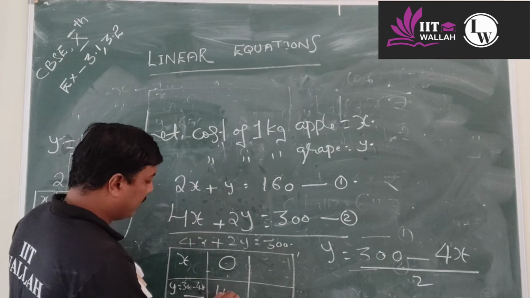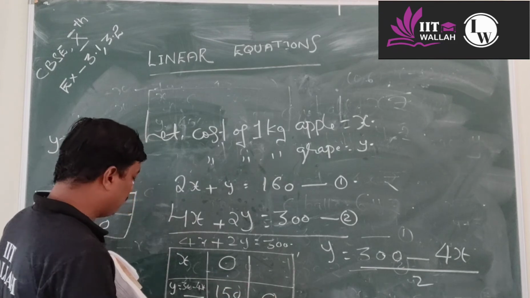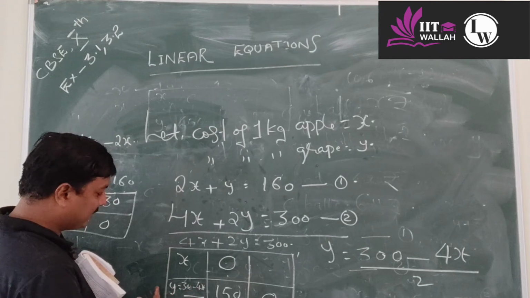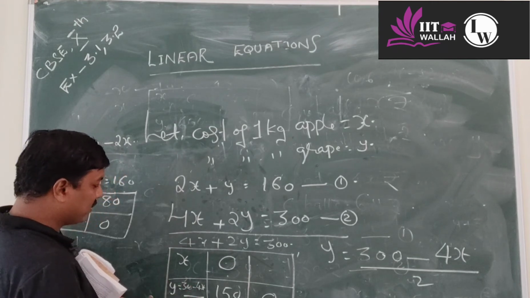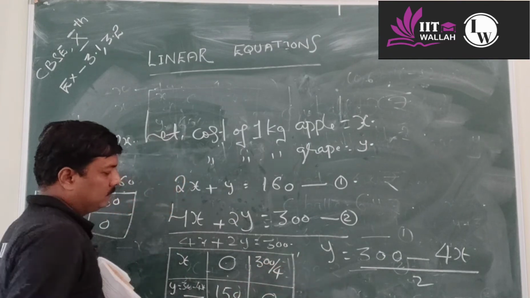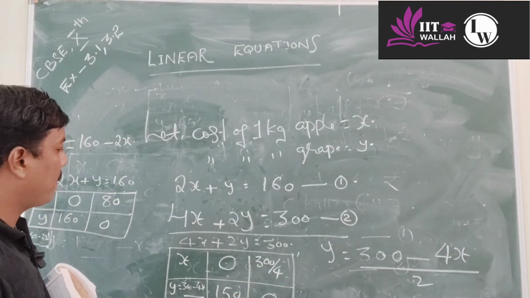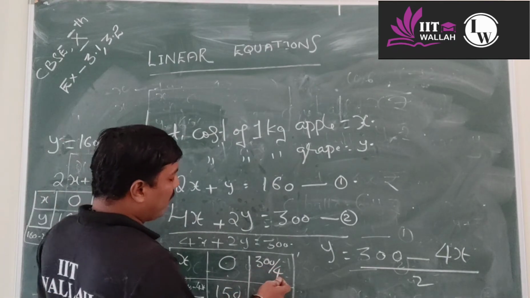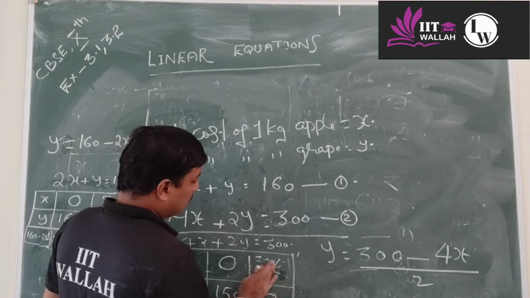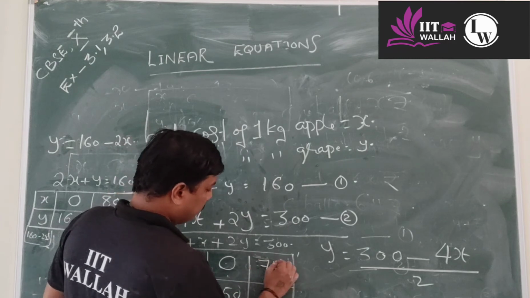So what will happen? This will get vanished. 300 by 2, 150 will come. Now you take y equal to 0. Then 300 minus 4x is equal to 0, 4x is equal to 300 and x is equal to 300 by 4, which will be 75.